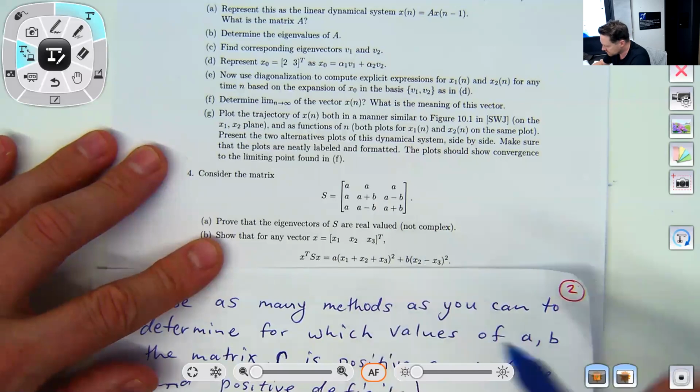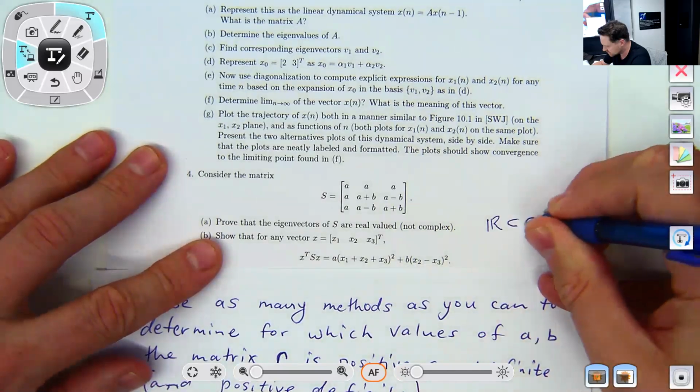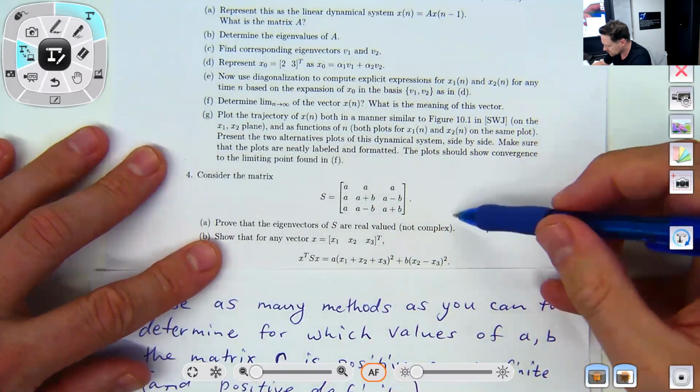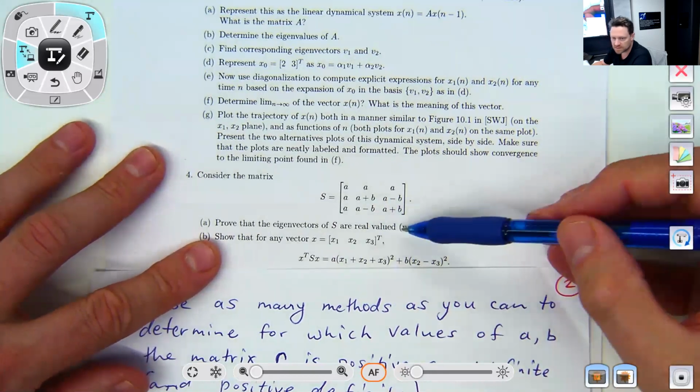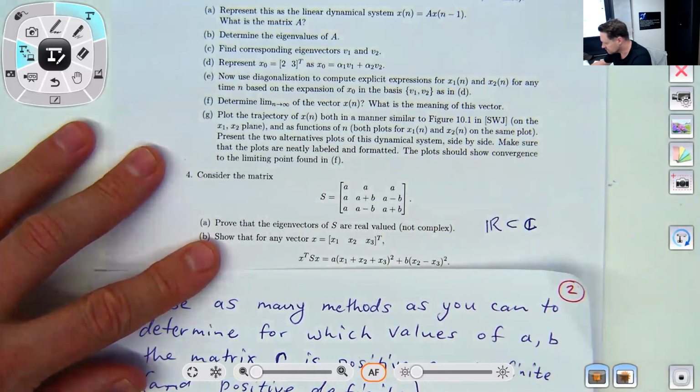But keep in mind that the real numbers are a proper subset of the complex numbers, okay? So I think what he means there is they have no imaginary parts in them, right? You understand that, I'm sure.